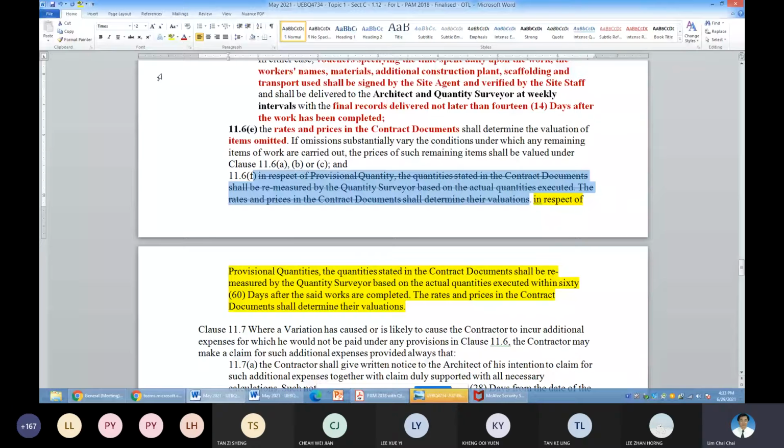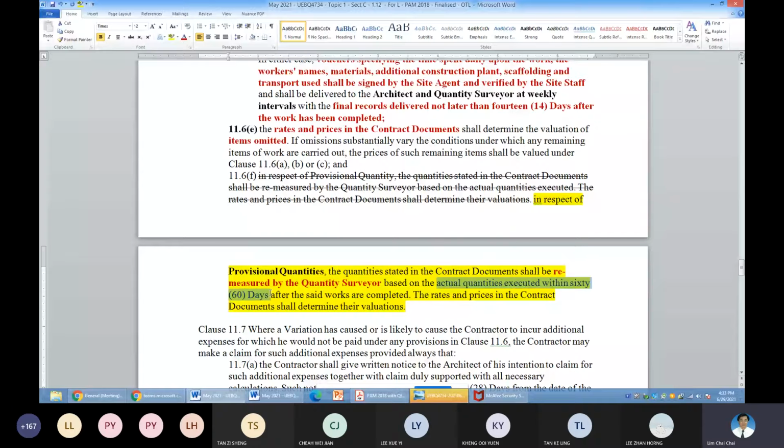In respect of provisional quantity, that means the remeasured quantity, has to be remeasured by QS. It's the QS's duty to remeasure the actual quantity executed within 60 days after the work is completed.